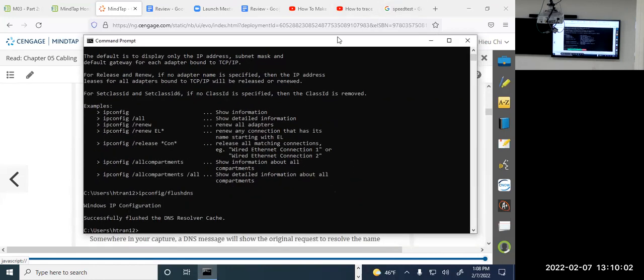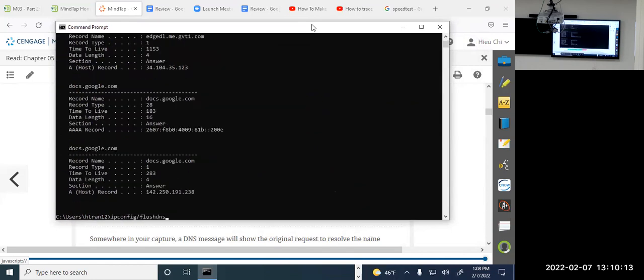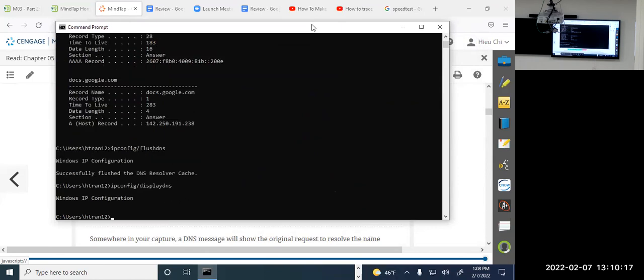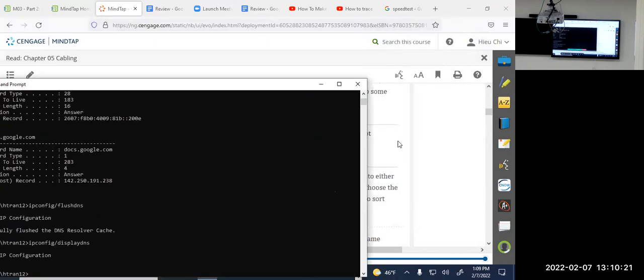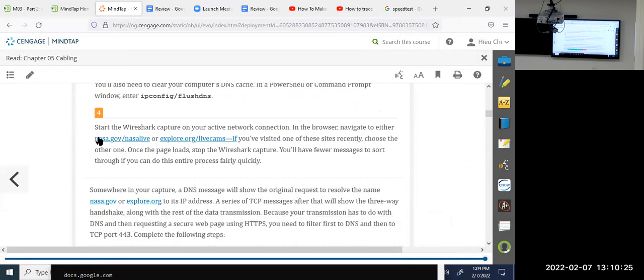Okay, you already ran it, right? Yeah, now you don't have anything in the cache. You see, you don't have anything here. So now what happened? Now we go to this one here.